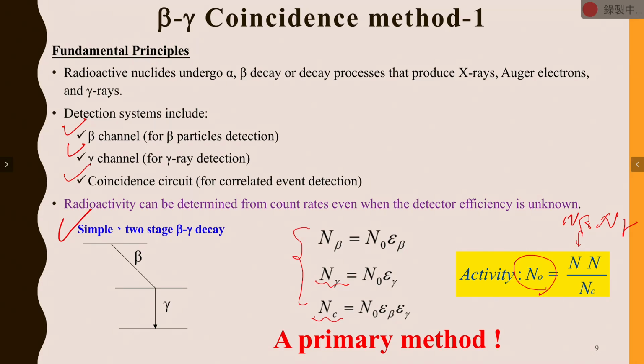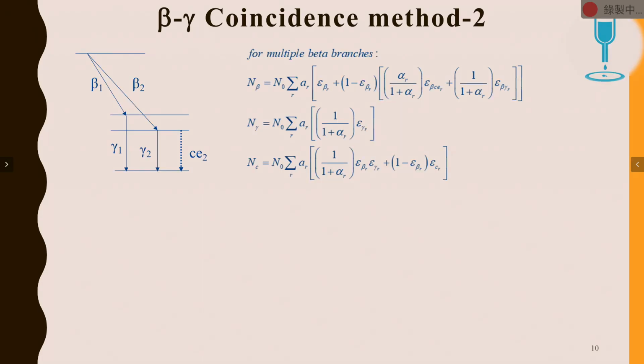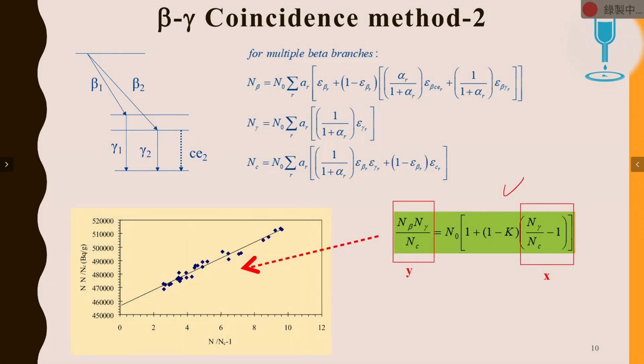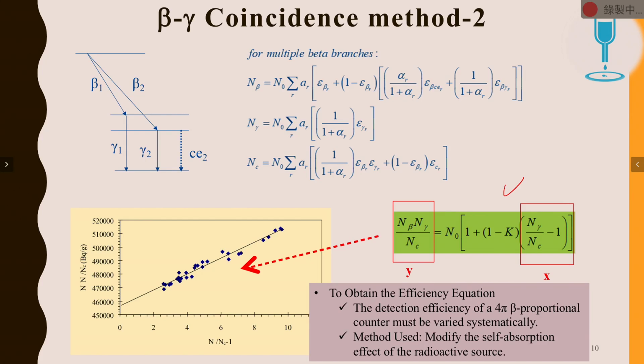Next. When dealing with a radionuclide that has multiple beta branches, the efficiency equation becomes more complex. However, we can rearrange this relation into a linear form as shown here. And next, we can draw a plot. We plot the parameter N gamma over NC minus 1 on the x-axis, and N beta times N gamma over NC on the y-axis.